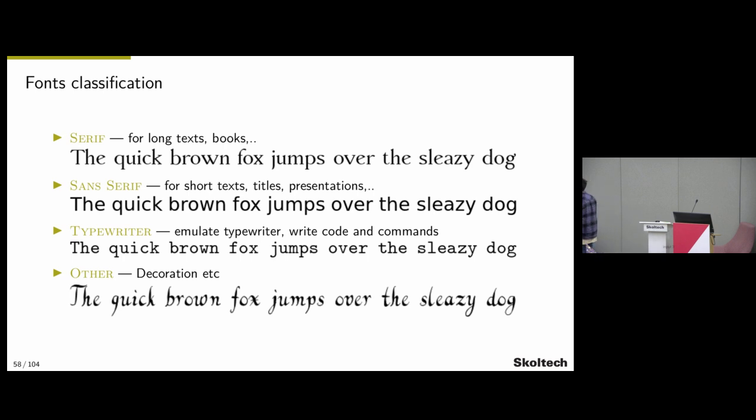So we already know how to use font families. We already know that you can use, for example, italic or bold, and that you can use different font sizes, but this is all you can do in one font.